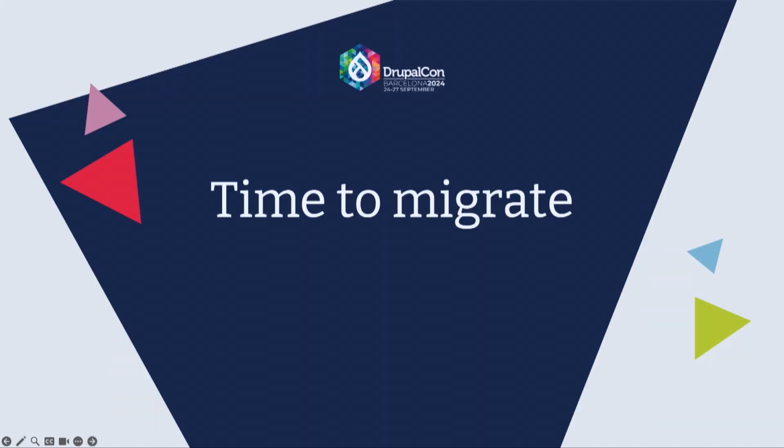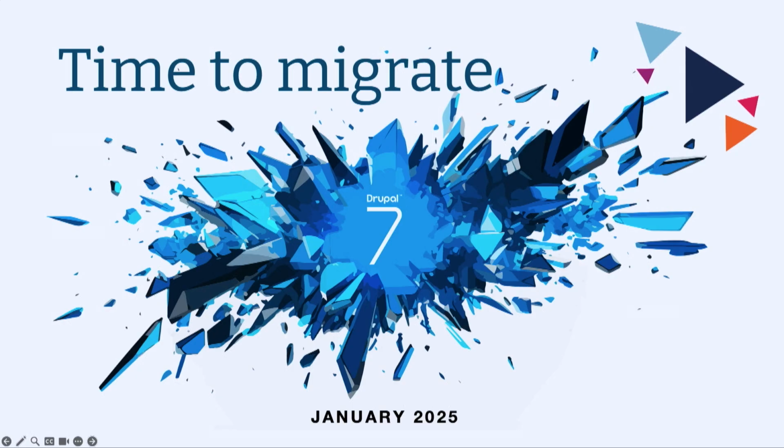It's time to migrate from Drupal 7. Okay, why is this important? As you know, the end of life for Drupal 7 is getting closer and closer. Specifically, on January the 5th of next year, coinciding with the 14th anniversary of the release of the first version of Drupal 7.